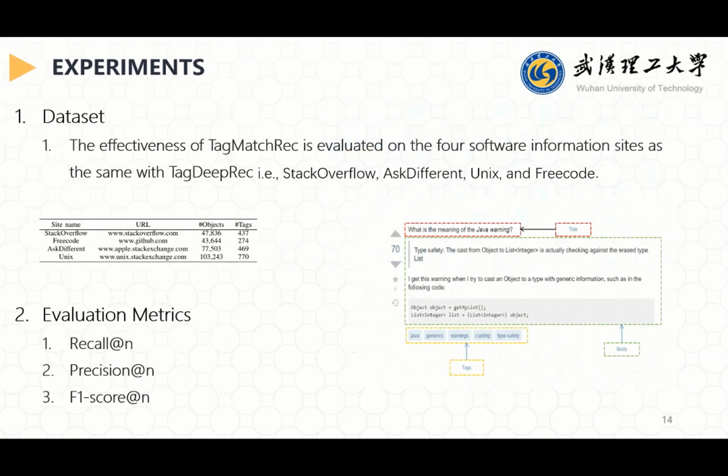They are Stack Overflow, Ask Ubuntu, Unix, and Free Code. And 3 widely utilized evaluation metrics are employed: top K recommendation recall, top K recommendation precision, and top K recommendation F1 score.